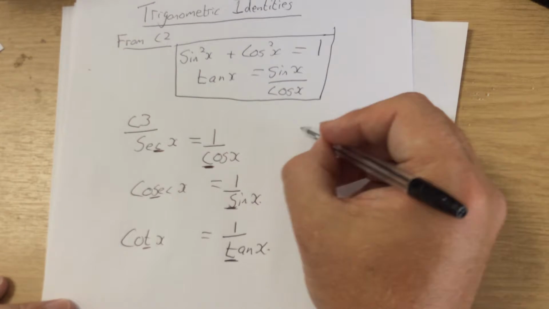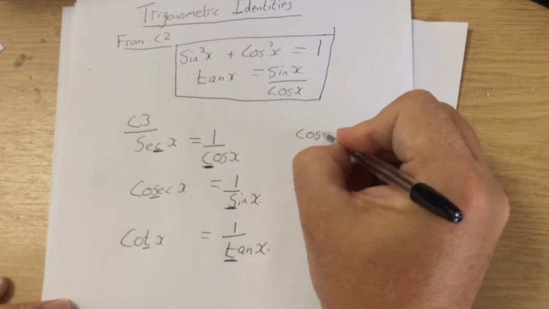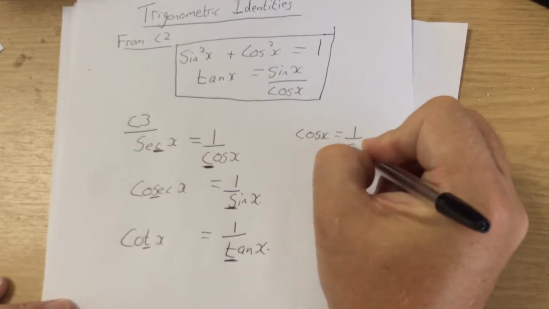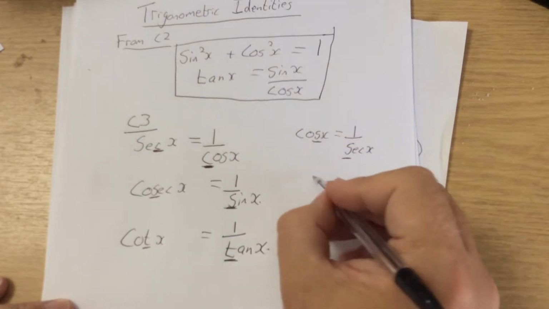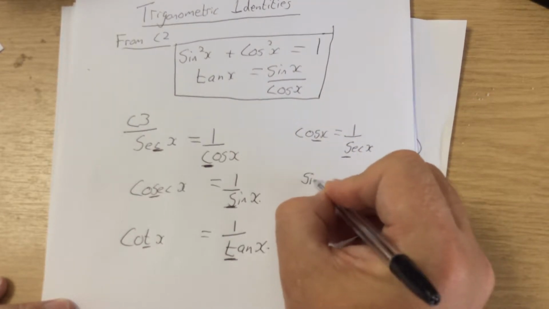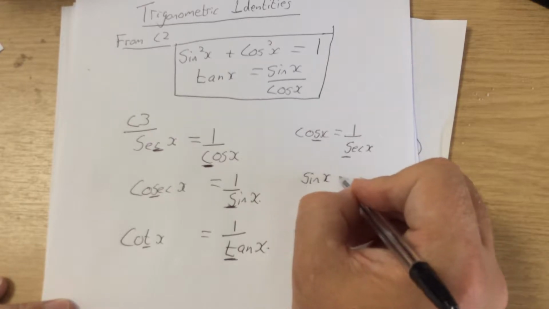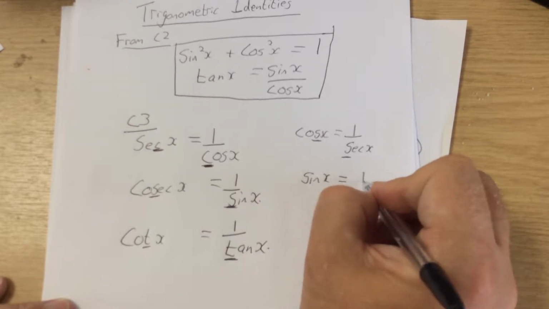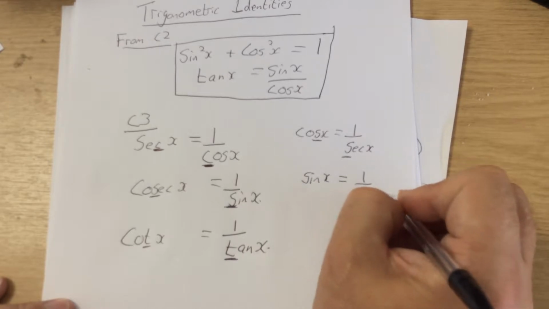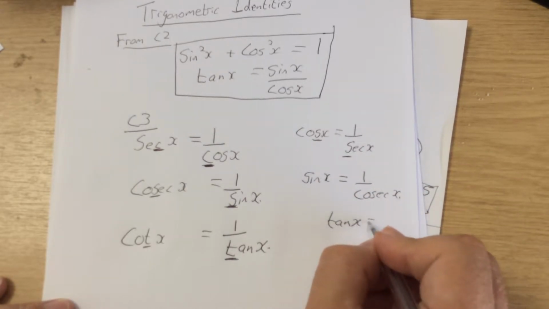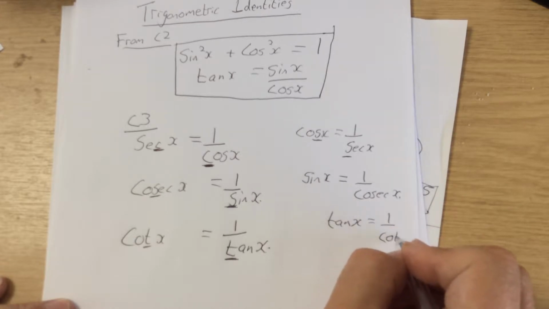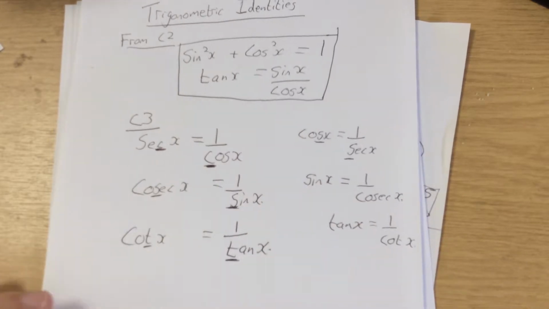So similarly, if I did them inversely, cos x is 1 over sec x, so the s's. Sin x is equal to 1 over cosec x, and tan x is equal to 1 over cot x.